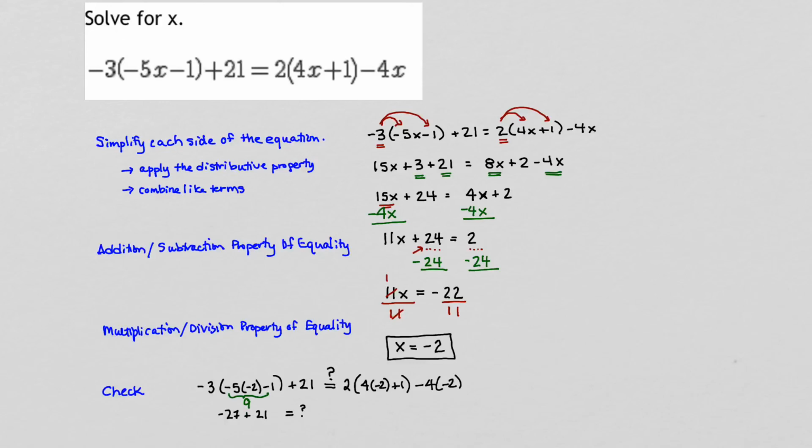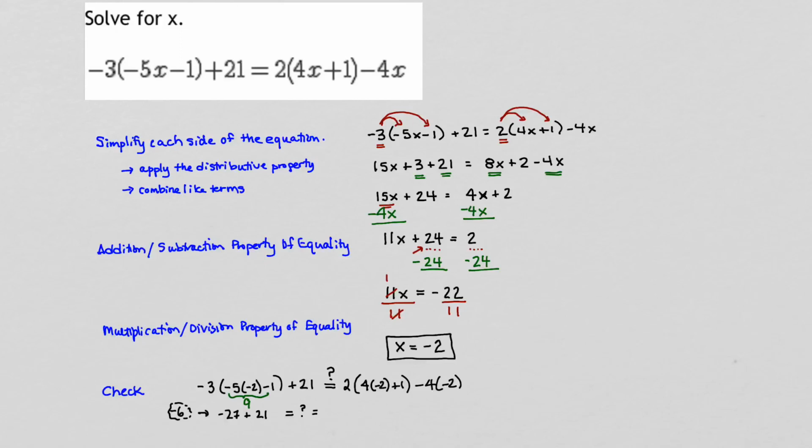And the question is, is that going to be the same thing as what I get on the right side? Well, negative 27 plus 21, that's just negative 6, correct? So we're going to make sure that we get negative 6 on the left side and the right side. So that's our goal now, okay? Negative 27 plus 21 is negative 6. Let's make sure we get that on the right side.